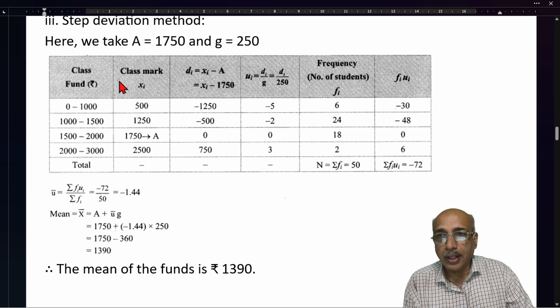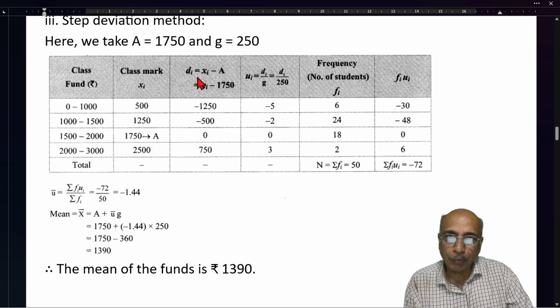In the assumed mean method you have to take the class interval, class mark, di and frequency. Then you have to take fi di and apply the assumed mean formula.